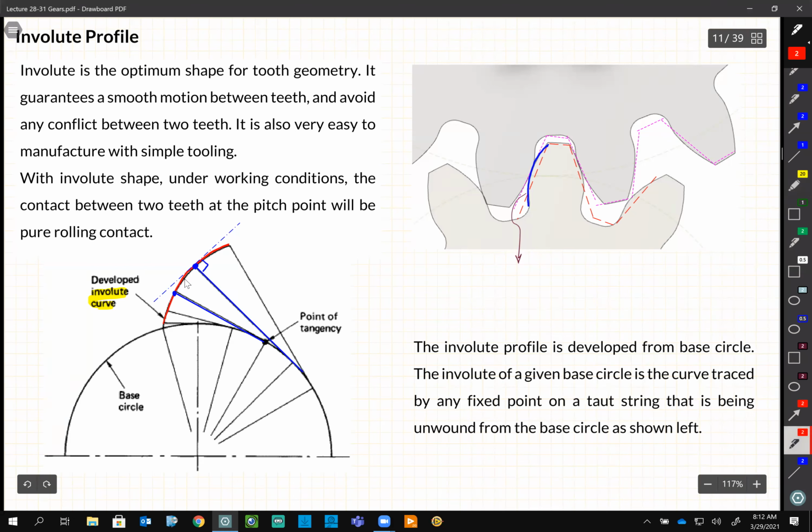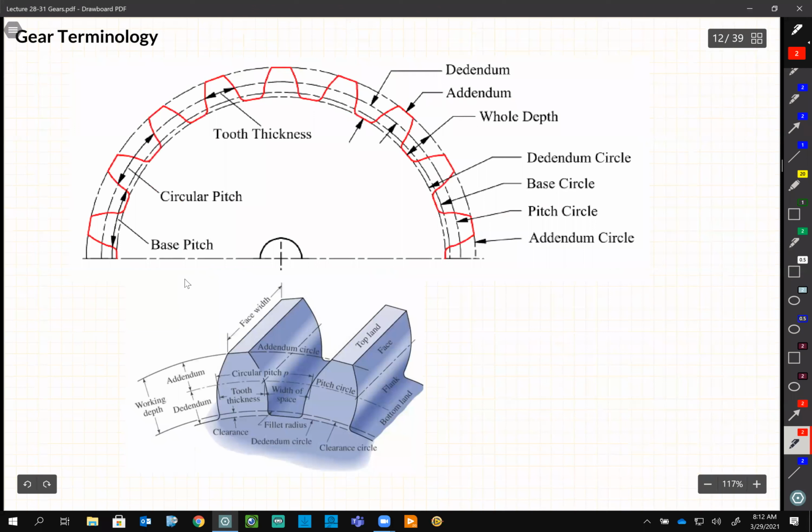And keep in mind, as I draw, these graphs can keep continuing forever, but we just need a portion of it. Like here, we just need maybe this portion. Okay, so that's about the involute.